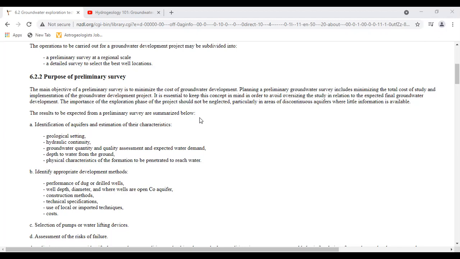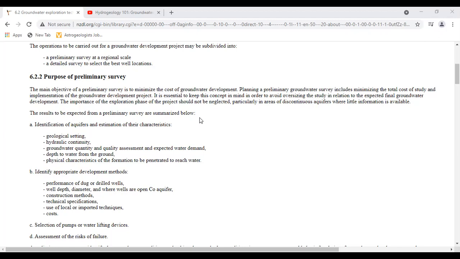Next, groundwater quantity and quality assessment and expected water demand. For example, even though we identify aquifer water, if that water is not sufficient for the water demand, there is no use.